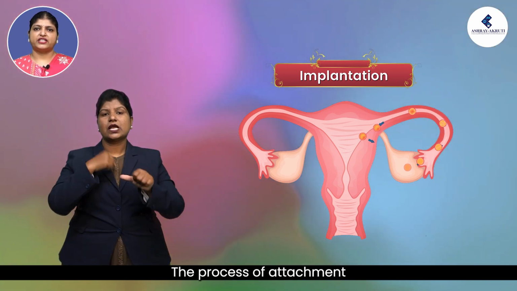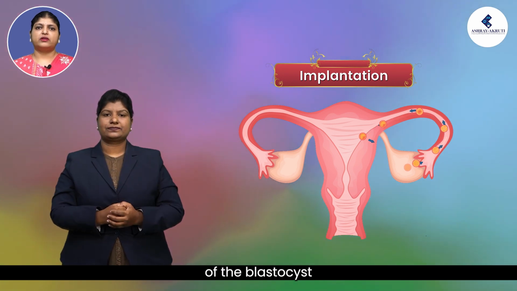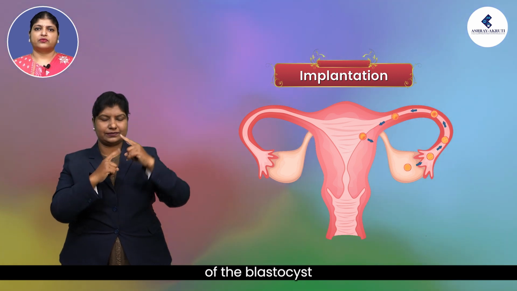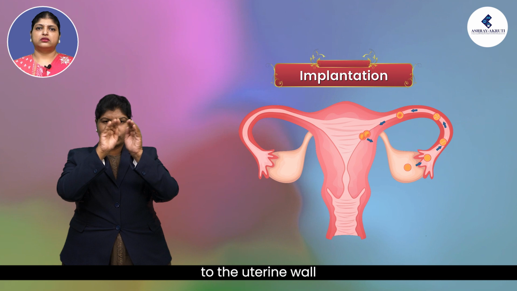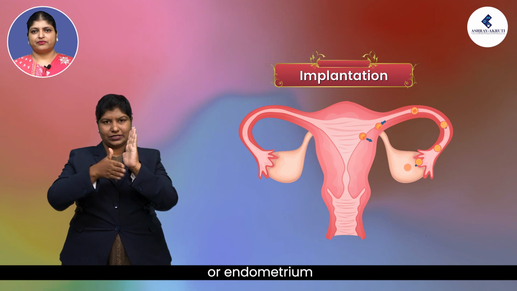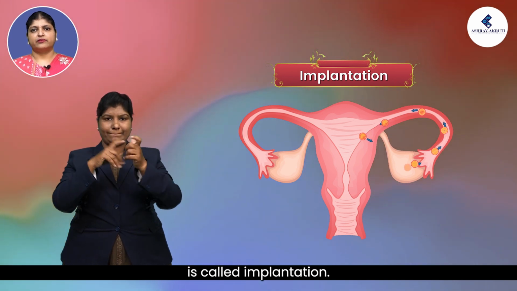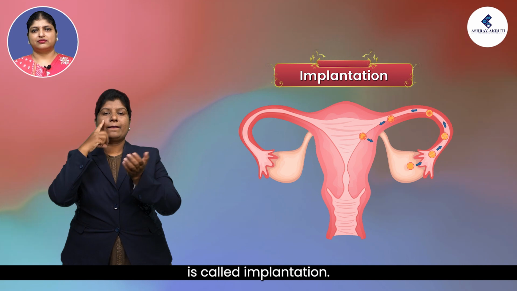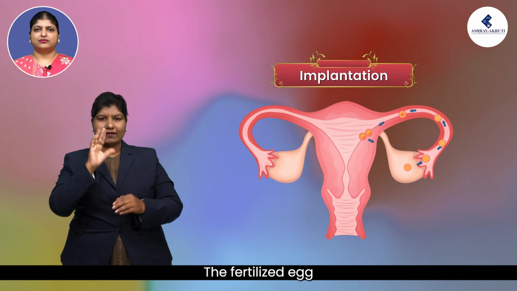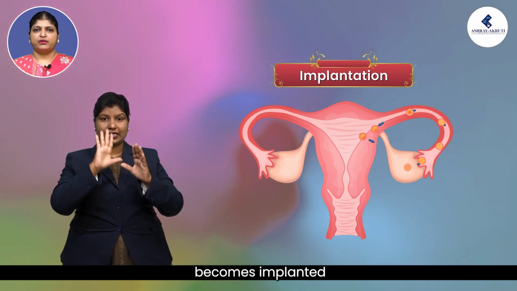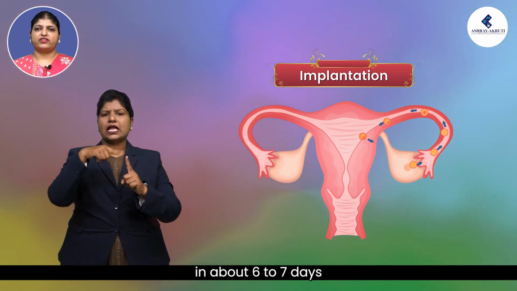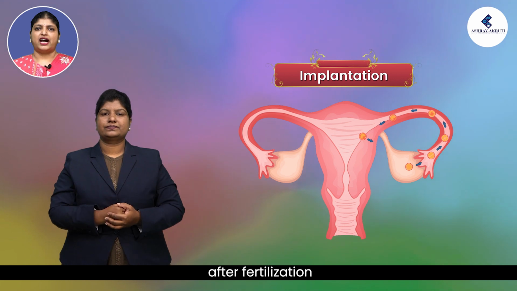The process of attachment of the blastocyst to the uterine wall or endometrium is called implantation. The fertilized egg becomes implanted in about 6 to 7 days after fertilization.